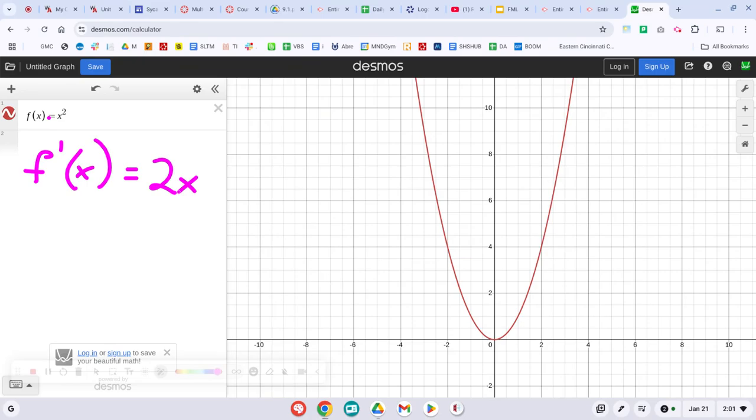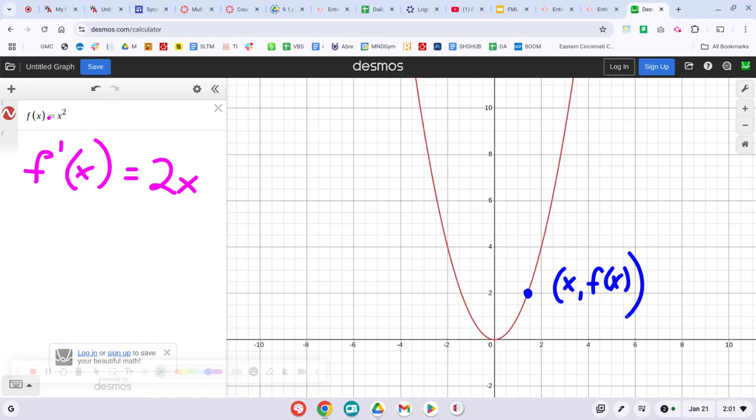So now, stay with me while I try to teach you a history lesson. This is how they figured out that rule, okay? So we're going to take some point on the graph, x, comma, y. But instead of y, we're going to call it f of x.